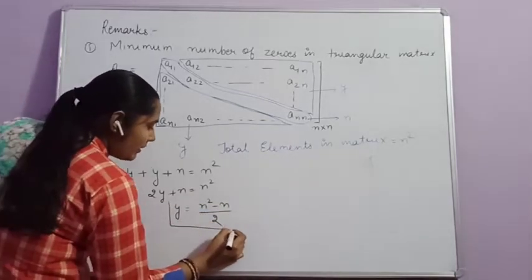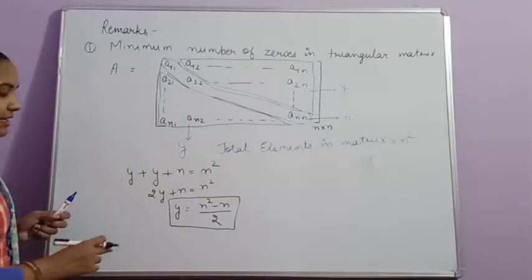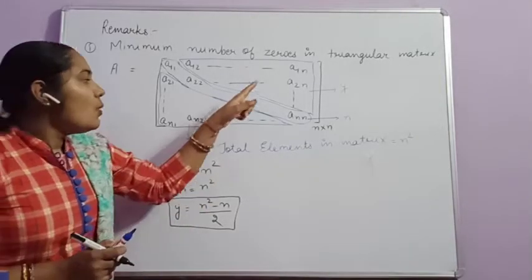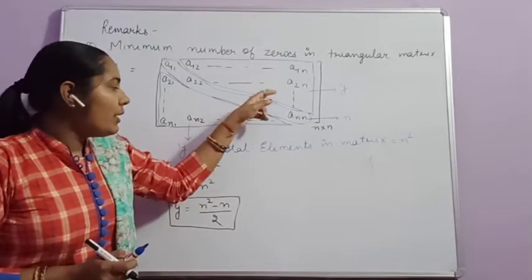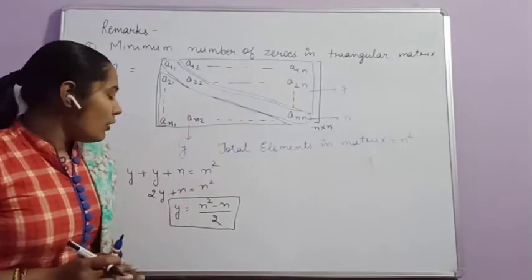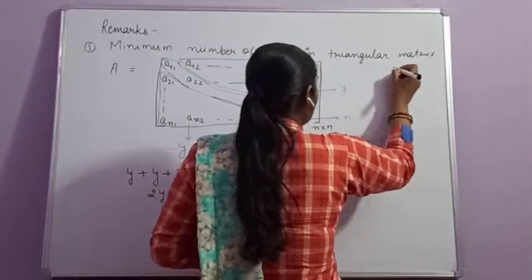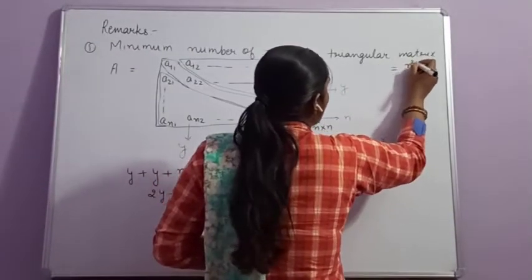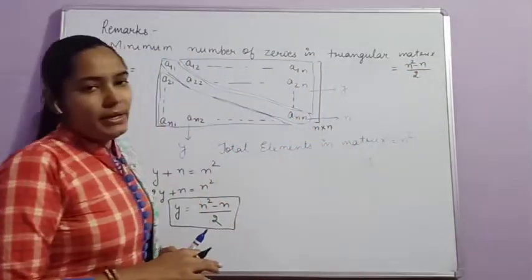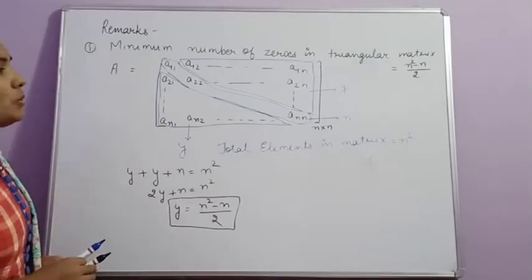Clear? So the minimum number of zeros in a triangular matrix will be n square minus n divided by 2. That means one triangular part, either upper or lower, must be 0 for a triangular matrix. Clear? You can write here n square minus n divided by 2. That is, either the upper or the lower triangular matrix must be equal to 0.